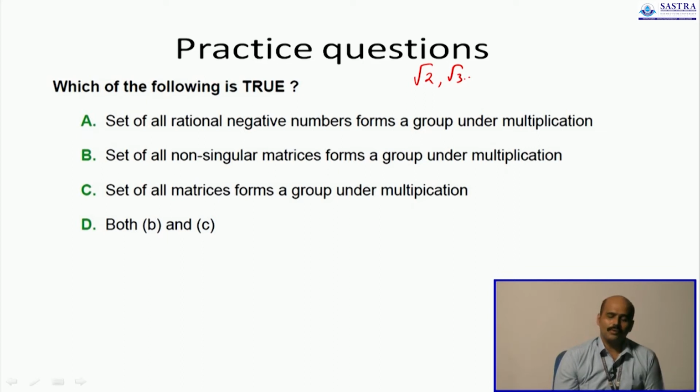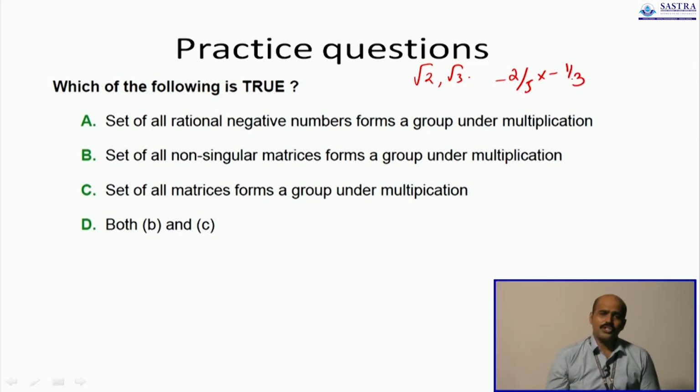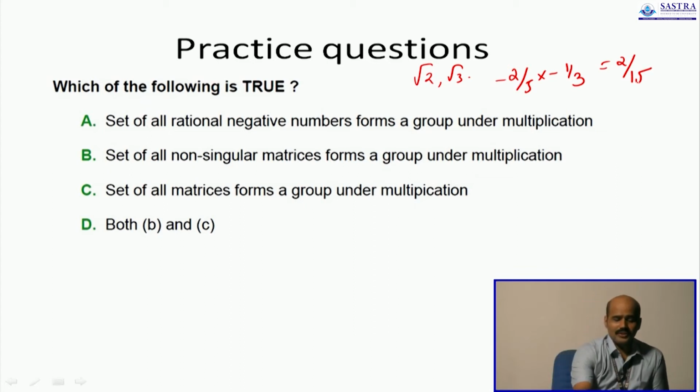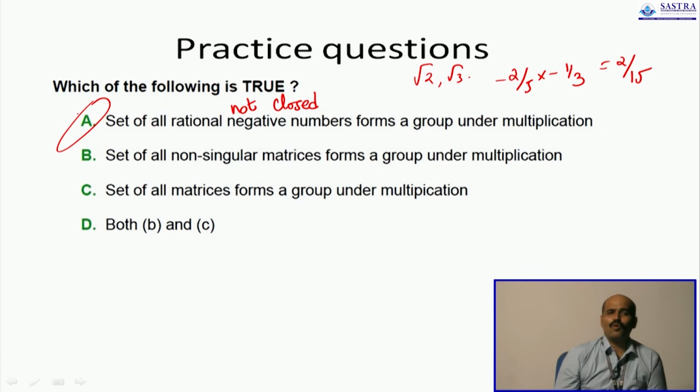The set will not be closed, because when I multiply minus 2 by 5 and minus 1 by 3, both of which are perfectly negative and perfectly rational, their product will be 2 by 15, which is also rational, but this time it is not negative, it is a positive rational number. So the set is not closed. So A cannot be true, A is false.